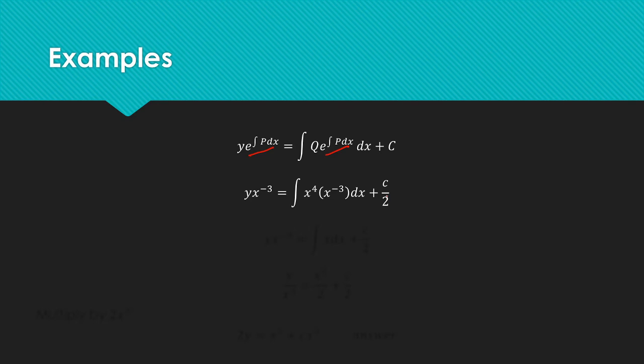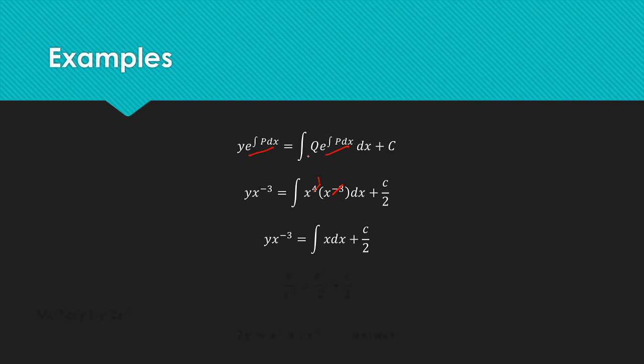Pero, yun nga, c over 2 equal to c, parehas lang yan. So, we will arrive at, magka-cancel ito. So, matitira na lang is x. So, we will have y times x raised to the negative 3 is equal to the integral of x dx plus c over 2.